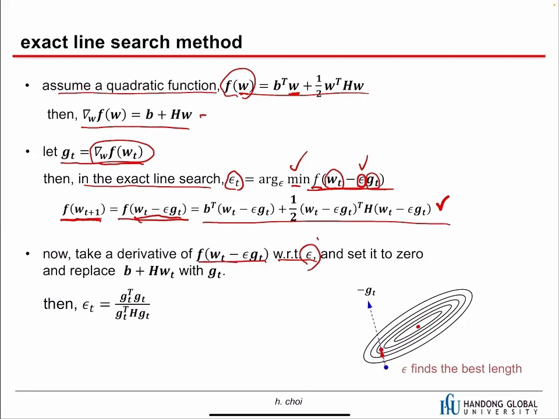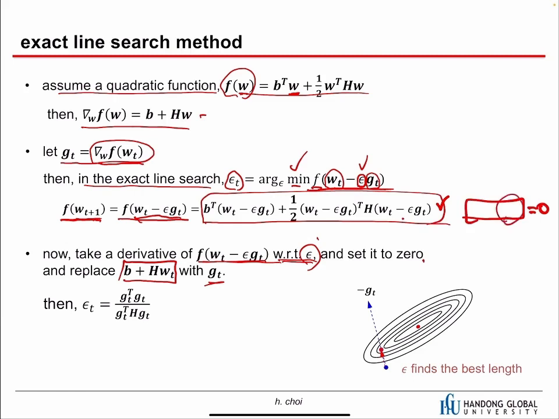When we take a derivative of this function with respect to epsilon and set it to 0, and then replace b plus H times w_t with g_t, you can do it by yourself. It's not that complicated. Take a derivative of this function with respect to epsilon, and then you will have some equation, and set it to 0.